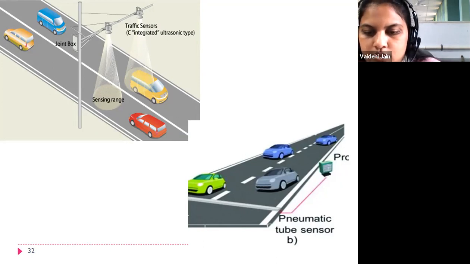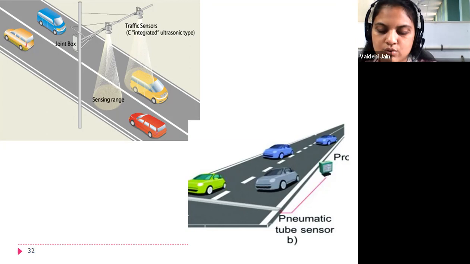But this was again not that reliable because it is not so accurate. It is just giving you how many wheels are passing over it, and based on that wheel axle count it is counting the number of vehicles. So it is not giving even the type of vehicle, nor the real time speed of that vehicle. That is why nowadays it is obsolete.